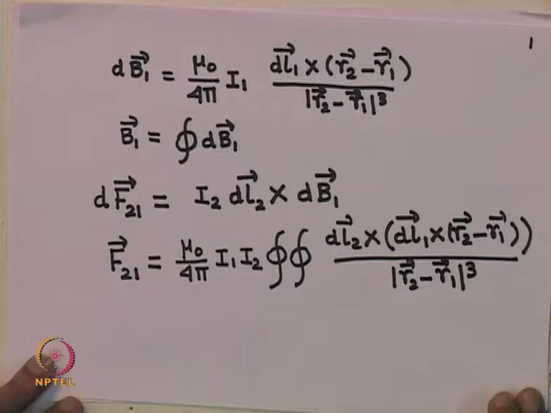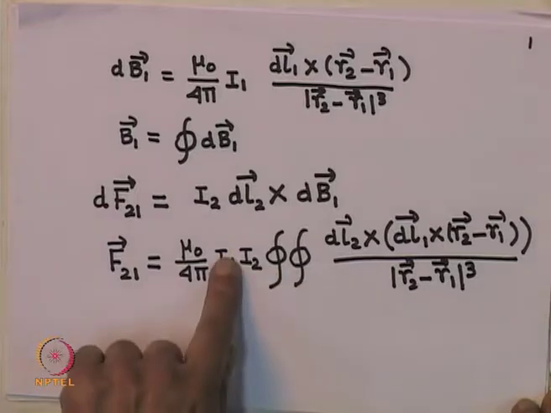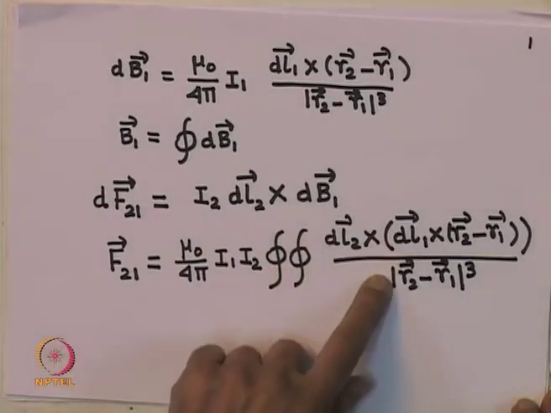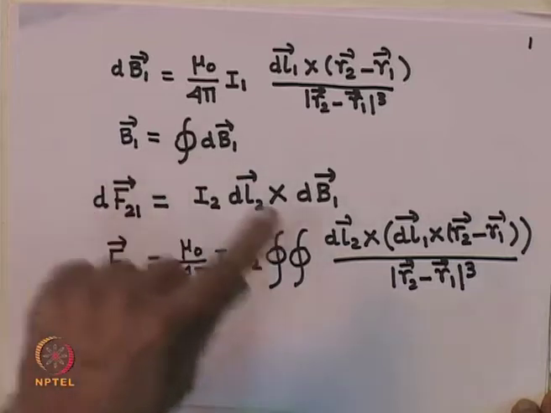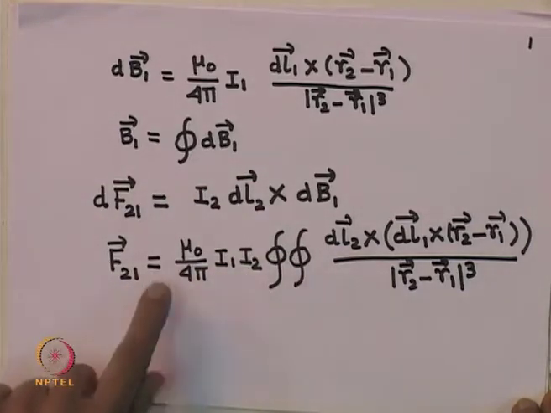Now, clearly this is a rather clumsy expression, and only in cases of simple geometry you will be able to find out how much it is. But let us look at a slightly different problem. So, this is in principle, if you know the current, how it is distributed, you know the position of the second circuit, in principle at least numerically it should be possible to calculate it.